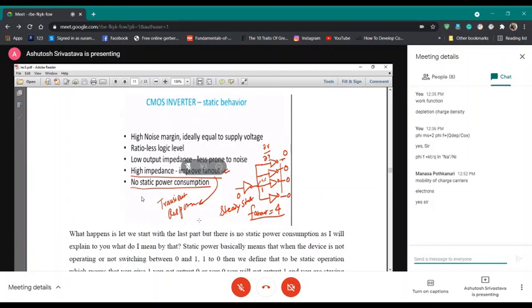Then in the static behavior, you need to have low output impedance so that the circuit is less prone to noise.